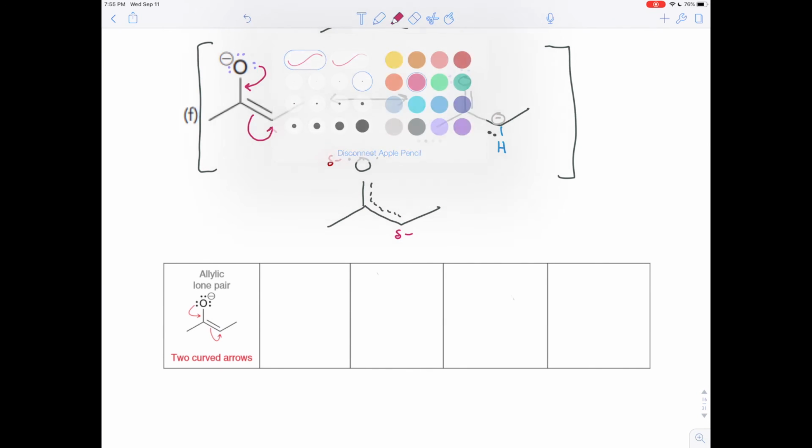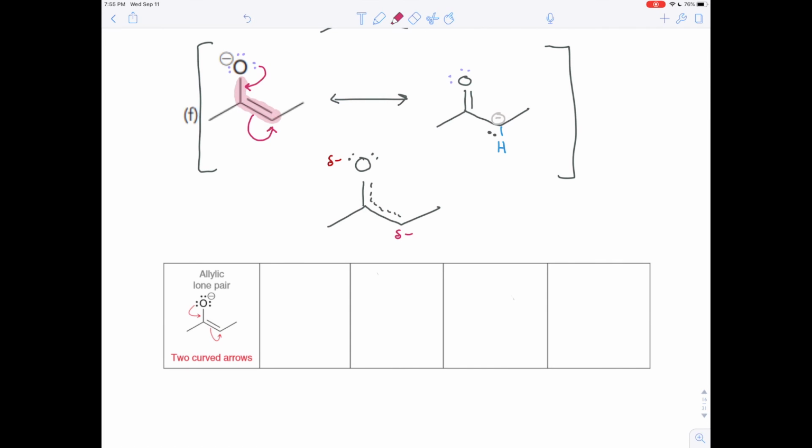These bonds here are neither single nor double, there's something in between, and the charges are not full charges, because in one resonance structure they're full and in the other they're 0, so they're only partial charges in the true molecule.